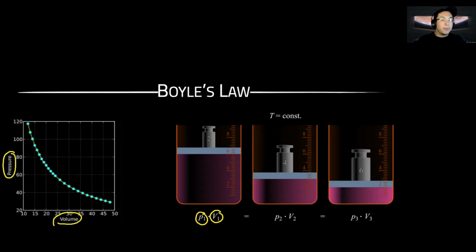The relationship between these two variables is an inverse relationship, in the sense that if one variable increases, like in this case the volume going to the right starts to increase, the pressure starts to decrease. This is what we call an inverse relationship.